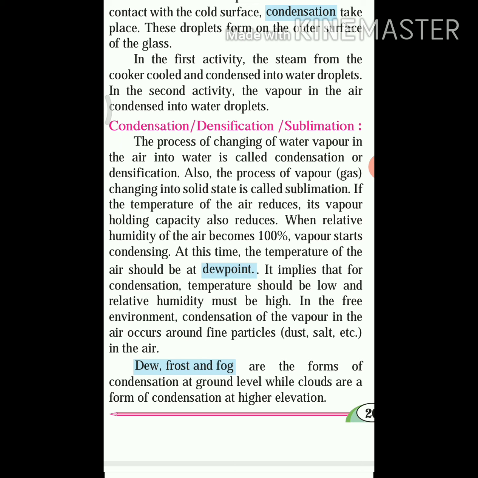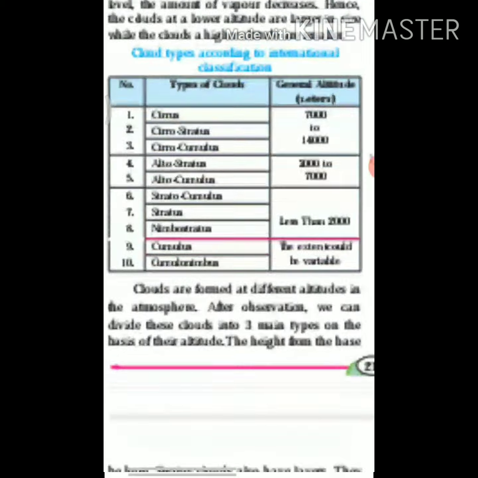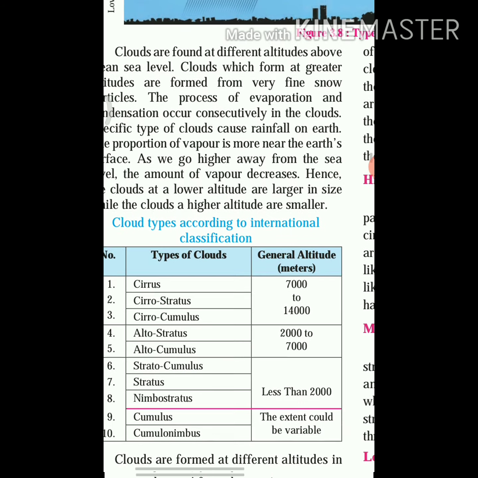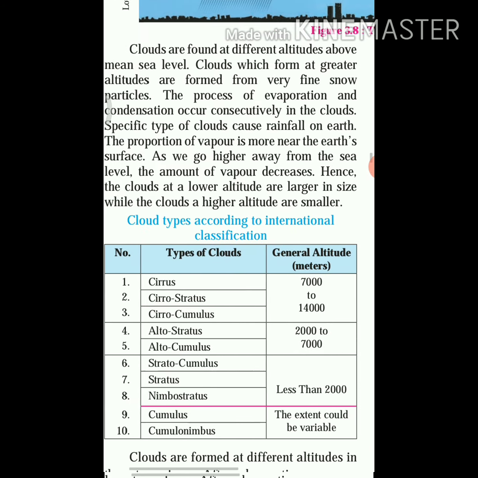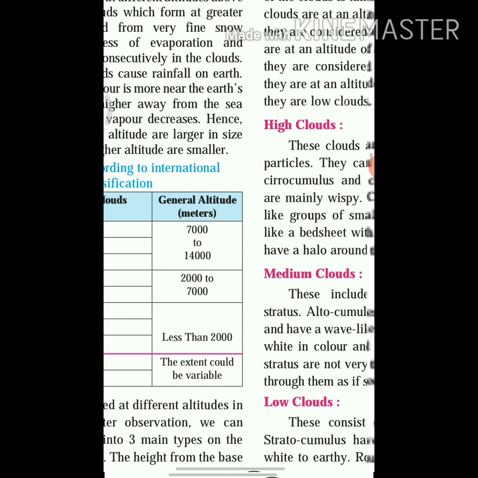A mass of fine particles of ice and water accumulated around the dust particles in the air at high altitude is called clouds. Clouds cause rainfall or snowfall on the earth. Okay. Now you can see here what is meant by cloud and what types of clouds there are.